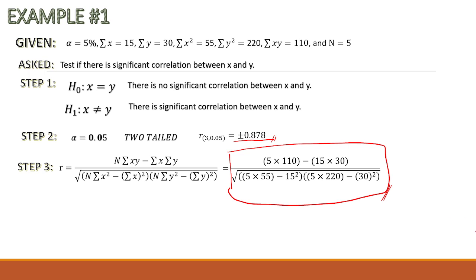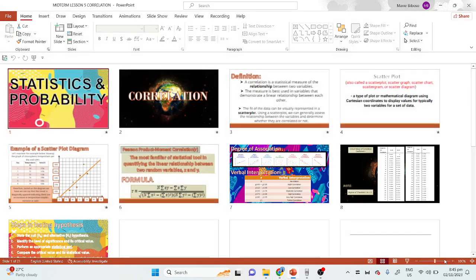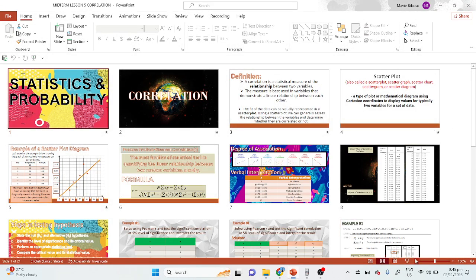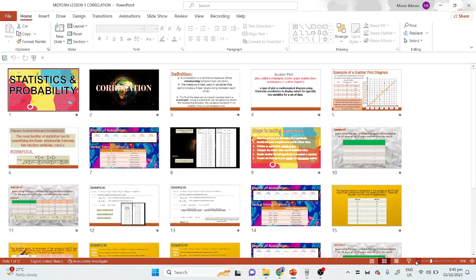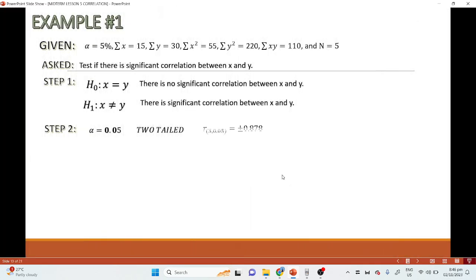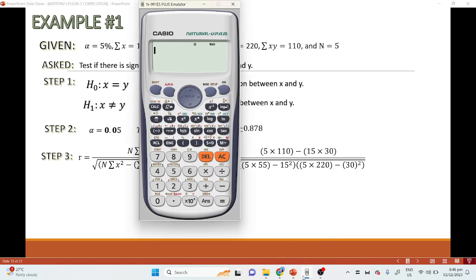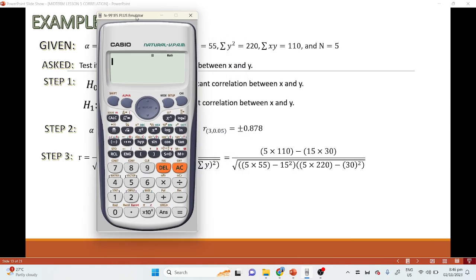Okay, so ngayon, itatry nating i-type ito sa ating calculator. So let's try to type in this one in our scientific calculator. So, meron tayo ditong scientific calculator.